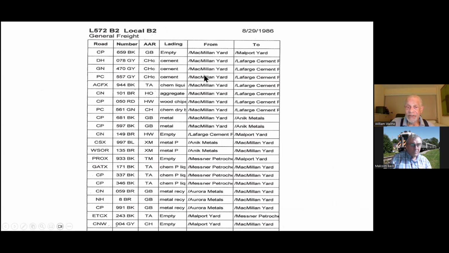For example, cars going from the Macmillan yard to the cement plant carrying products. Once it gets to the cement plant, it's going to be picking up cars and bringing them back. So this is a switch list for the B local, which serves the cement plant, the metal manufacturer, and the petrochemical plant, for example.